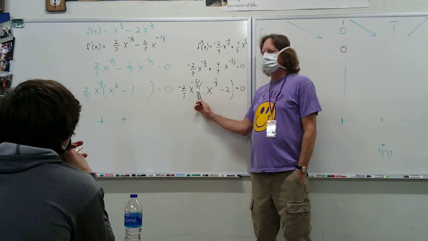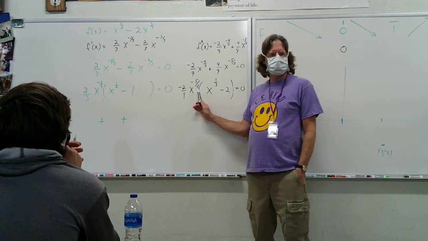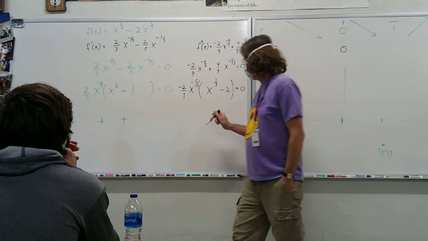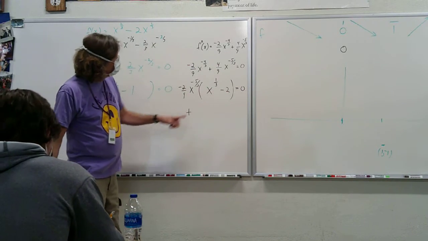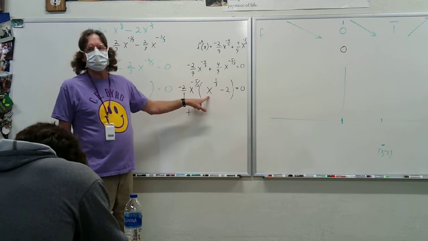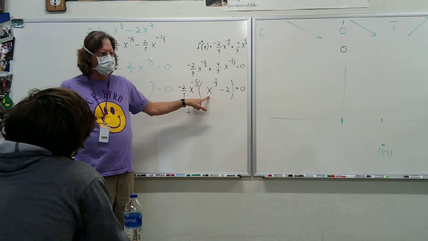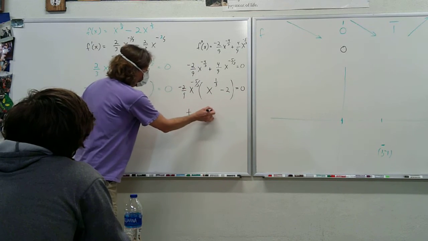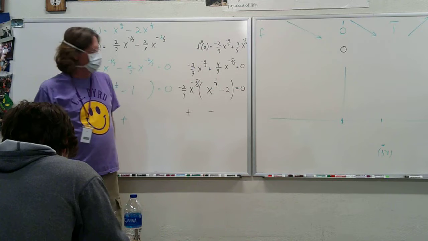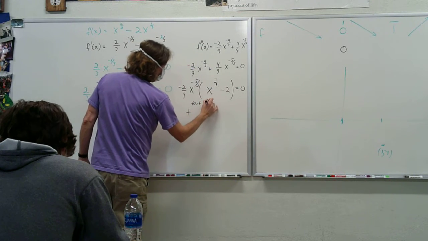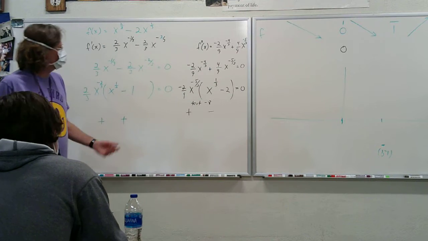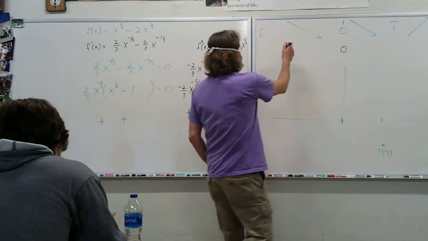You take the cube root of that negative, it's still negative. Negative times negative makes that positive. But then, if you take the cube root of -8 here, you're going to get -2. And that's going to be negative. So when you test -8, you get a negative. It frowns.